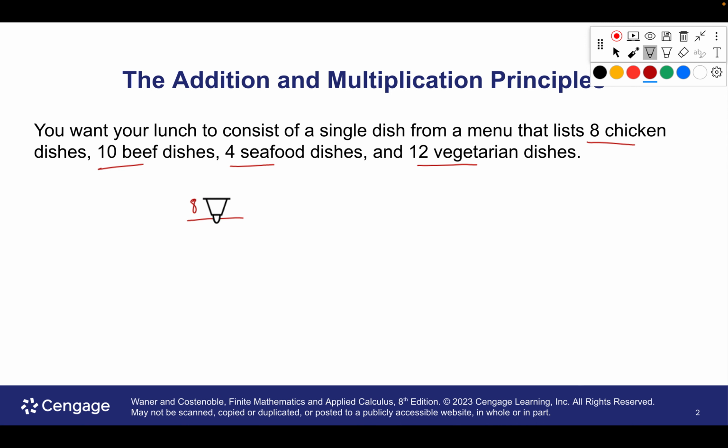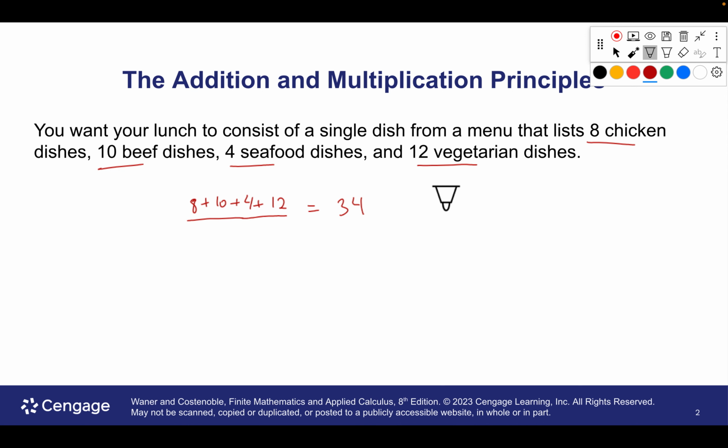So I've got 8 plus 10 plus 4 plus 12. If we add them all together, there's 20, and 14 is 34. Did I get that right? Good. So we have 34 different meals we could order.